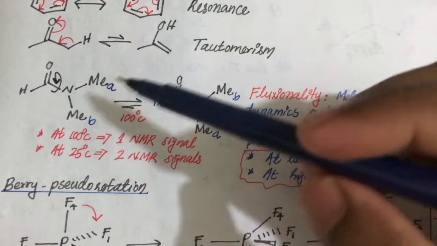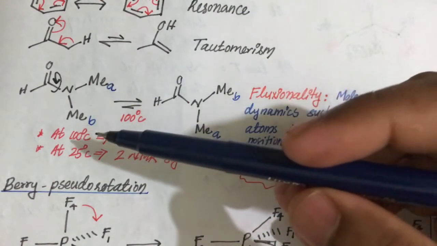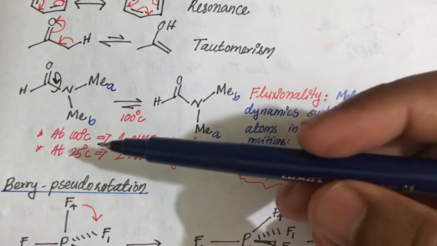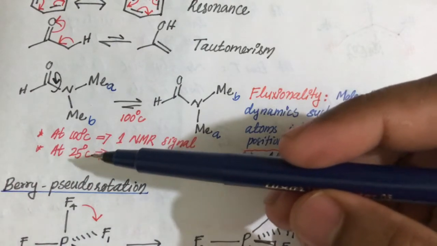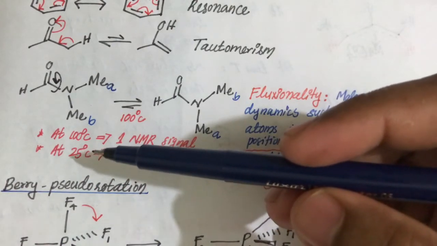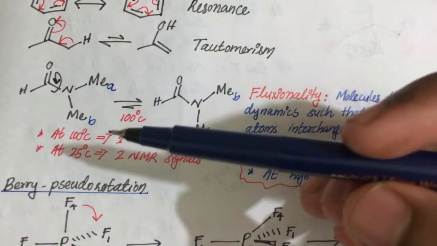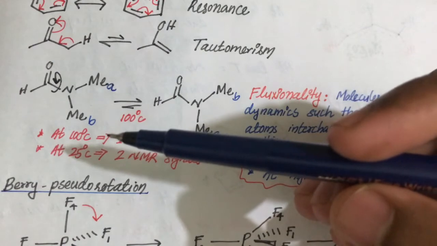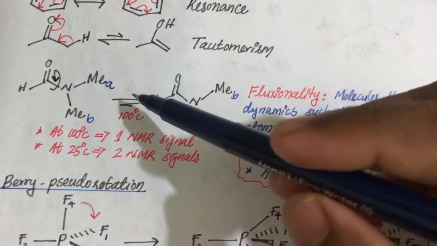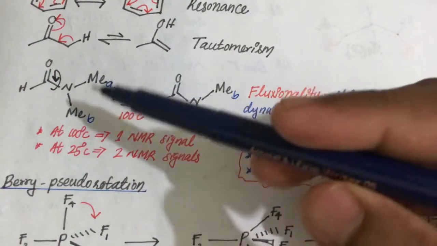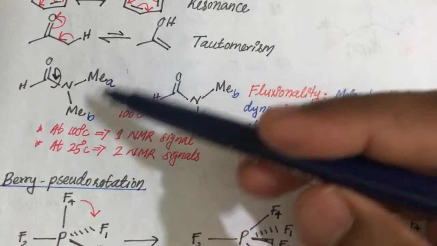This rapid change happens beyond the NMR timescale. NMR needs some time to detect the molecule, but this rapid change happens before that. That's why NMR cannot detect it.